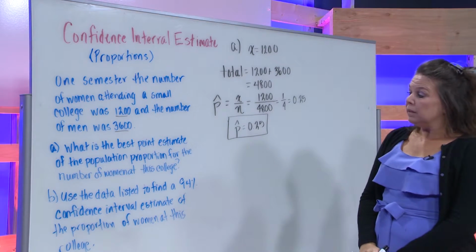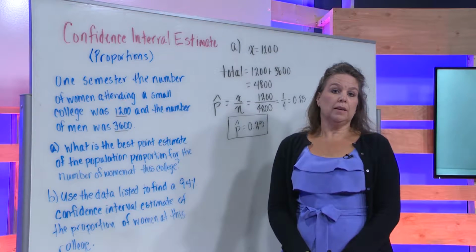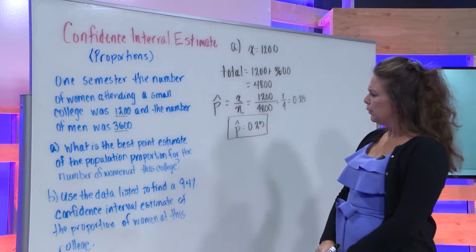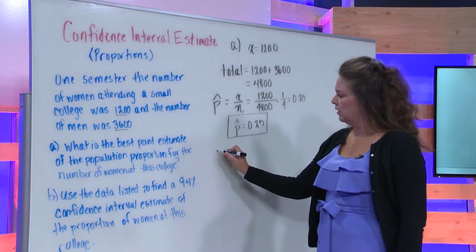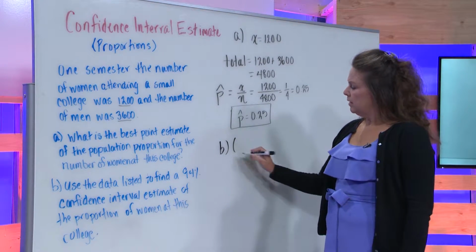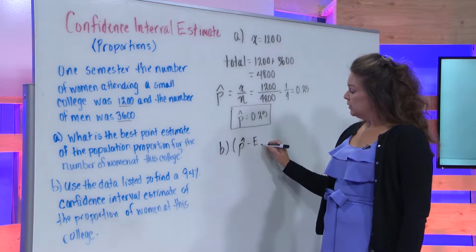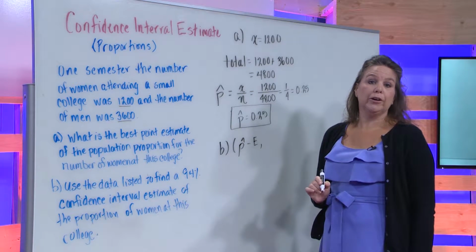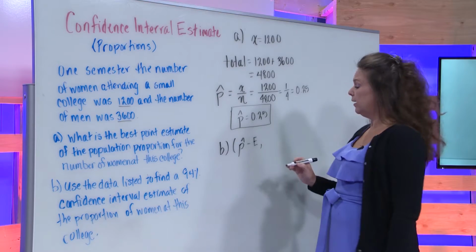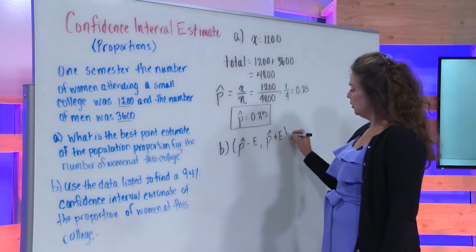Now for part B, we want to use the data listed to find a 94% confidence interval estimate. So what do we need for this confidence interval estimate? If I write it in interval notation, we want P hat minus the margin of error, where E is the margin of error, and P hat plus the margin of error.